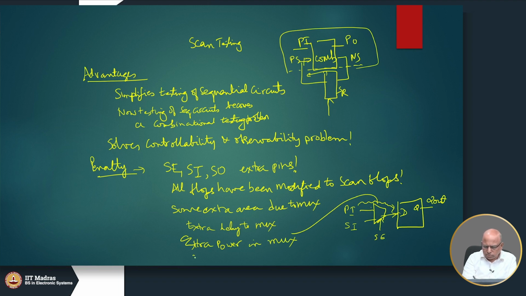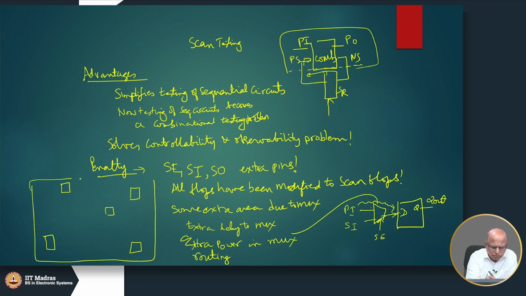Then routing is a problem, right? That scan, we had to go from one flop to the other flop. See, if there are flops like this, so this is your chip. In your chip, the flops are all over the place like this. So, if I have decided to connect them in this fashion, then I had to take the output of this and connect it to the scan input of this.